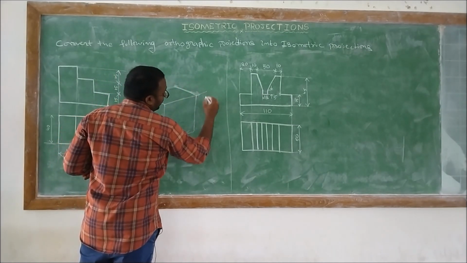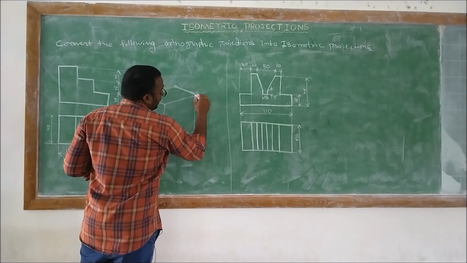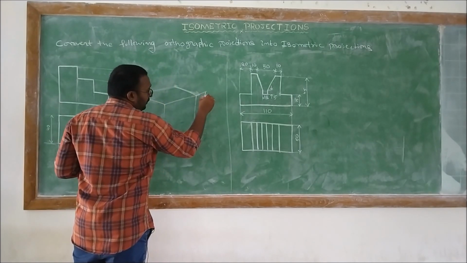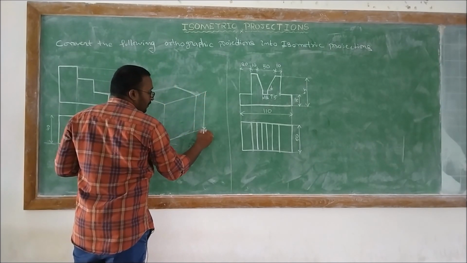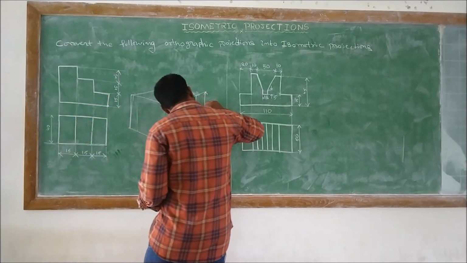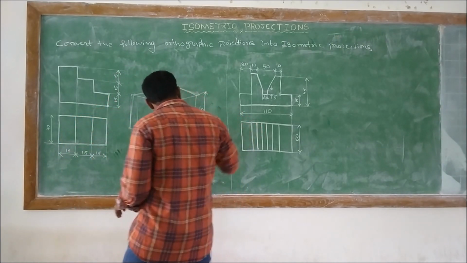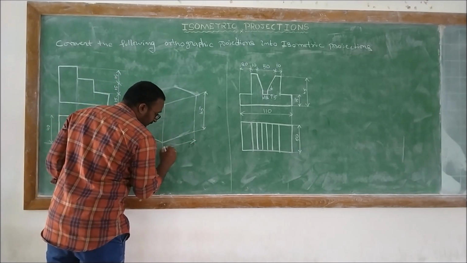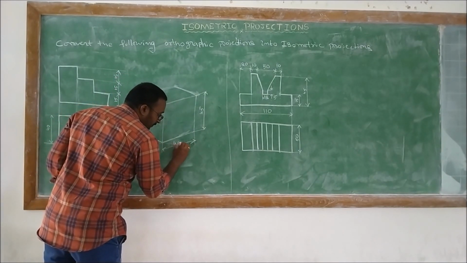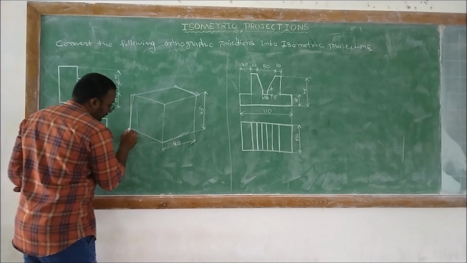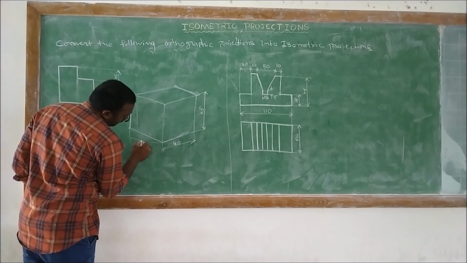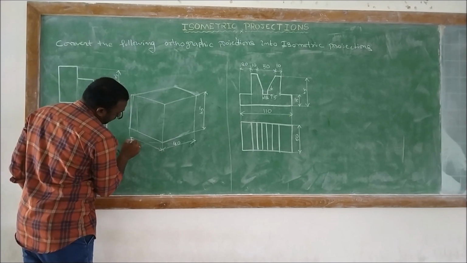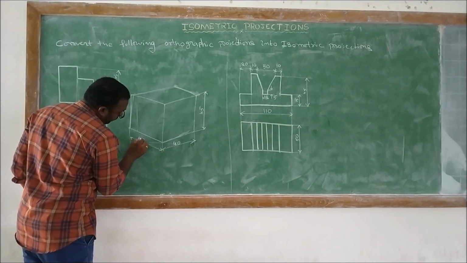Right, so here to here the height is equal to 45, and then here to here it is 40, and then from here to here 45.